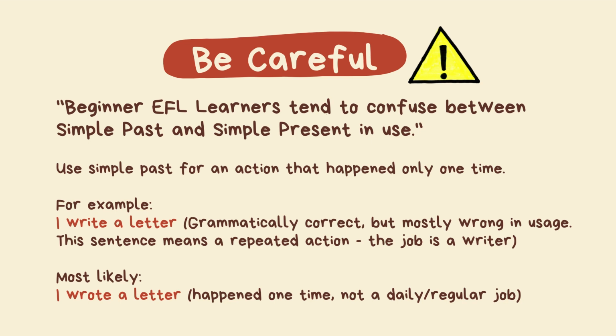Now, if your job is a writer, it's okay for you to say, I write a letter. But if writing a letter is not your daily job, then saying I write a letter is wrong because you wrote a letter only once.